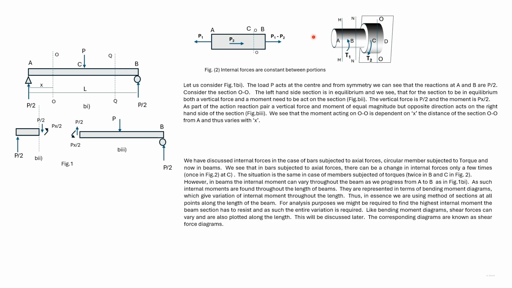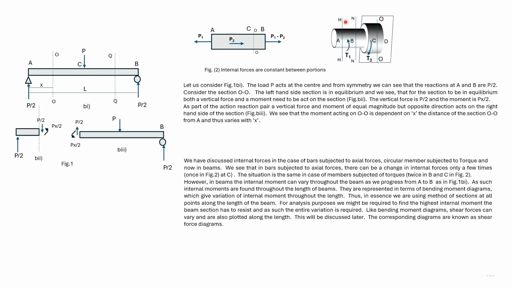In the case of axial force or torque, we needed to take sections at only one or two places. By taking sections at one or two places, we could give the axial force or the torque for the whole member.